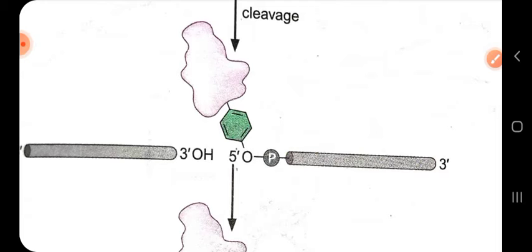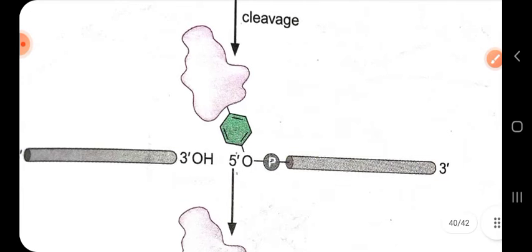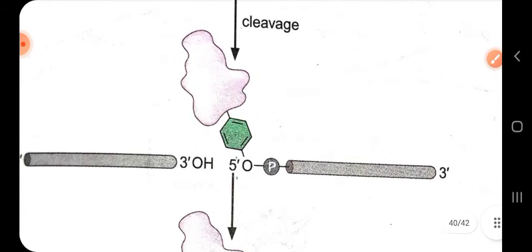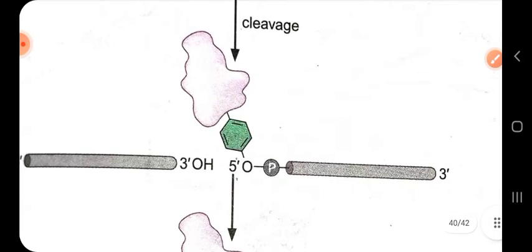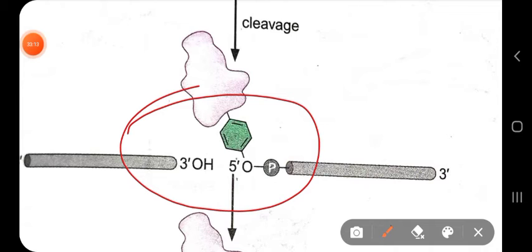Here the attack by the tyrosine amino acid residue in the active site of topoisomerase type 1 on the backbone of the target DNA creates a break.